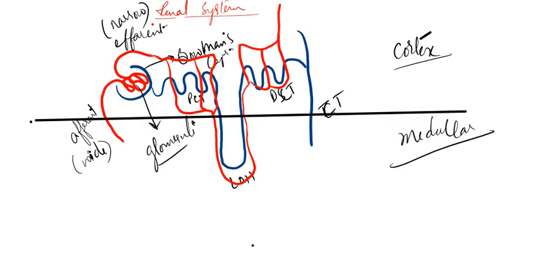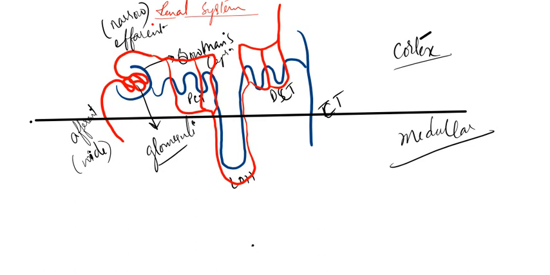See, this red line we are seeing is the peritubular capillary network. Peritubular means surrounding or around the tubules.